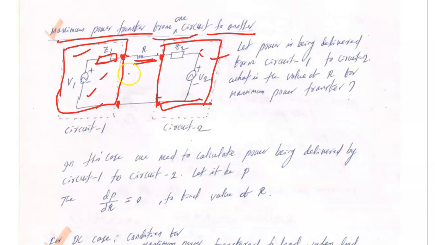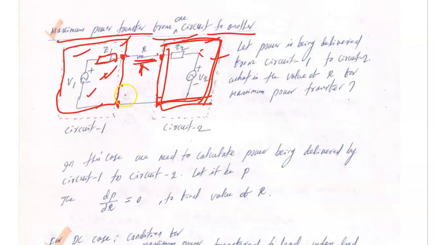In this case, what should be the value of R so that maximum power can be transferred from source to destination? Same case: calculate the power delivered to this circuit using the circuit theorems.